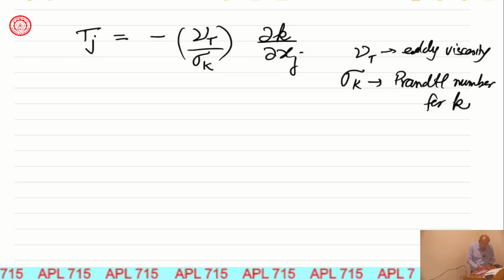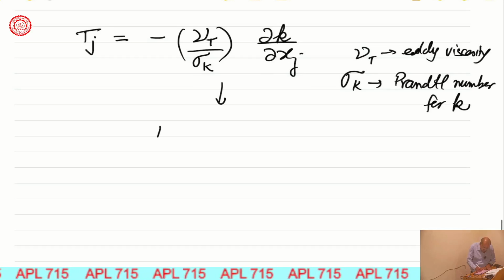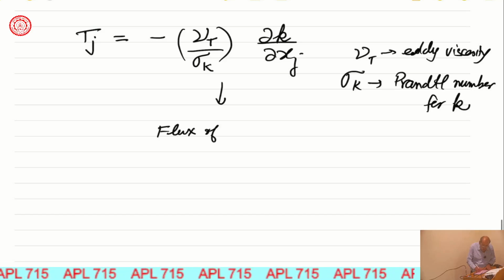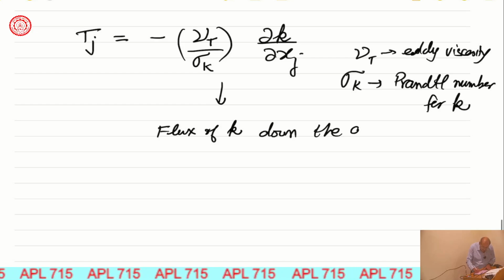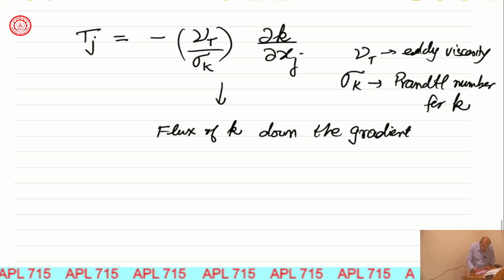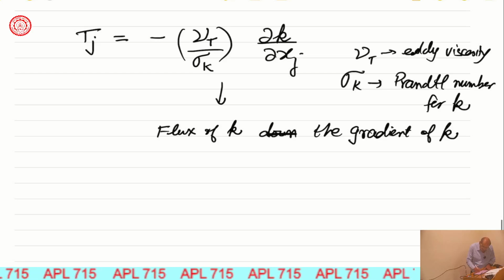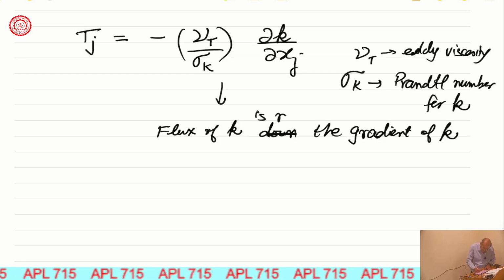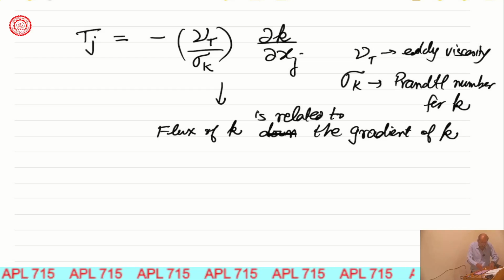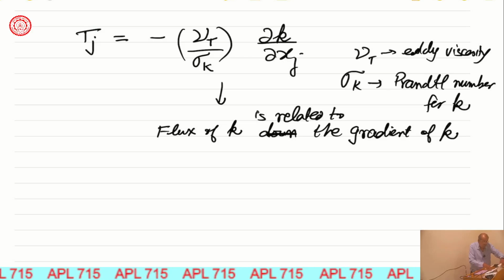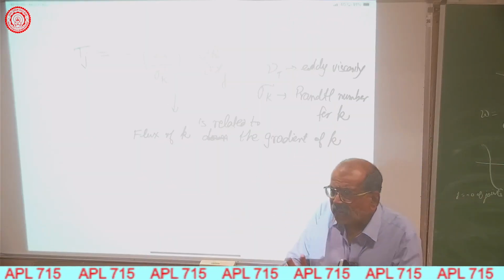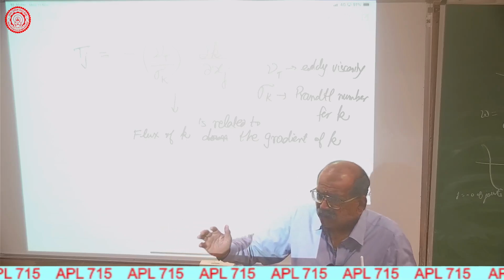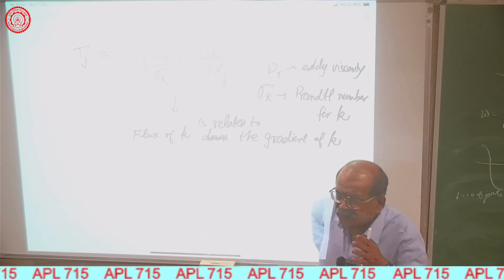And what this tells you is that this right hand side is flux of K, which is going down the gradient of K. Basically this term helps in smoothening the equation, because this is a second derivative and there is a flux which is going down.